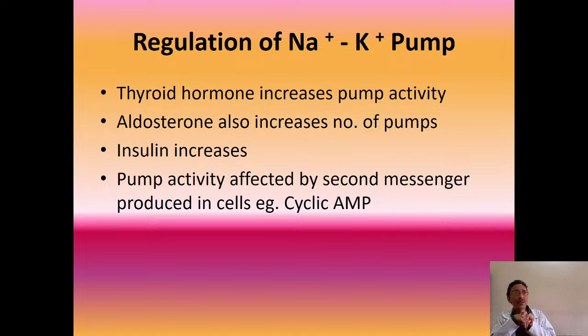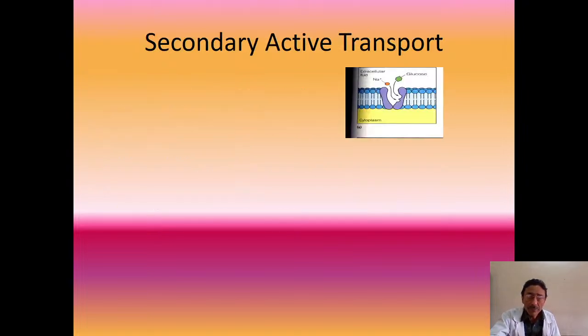In the heart, the pump, when present in the cardiac muscle, helps in increasing the force of contraction. So digitalis and other drugs will block this pump and reduce its activity. So always remember, certain drugs help in reduction of the activity of the sodium potassium pump. One of them is digitalis and the other is dopamine.